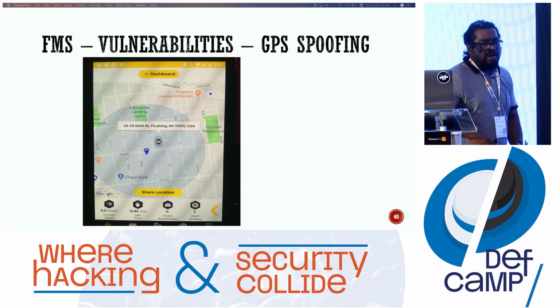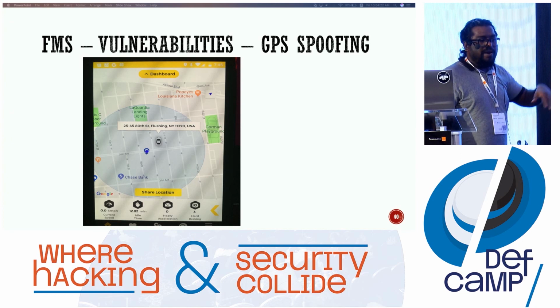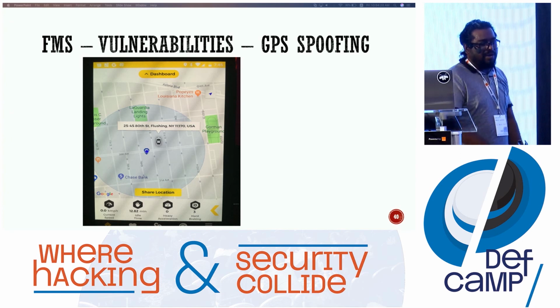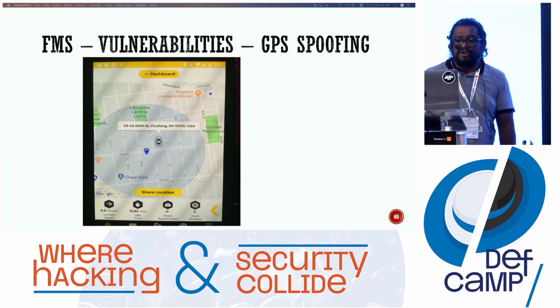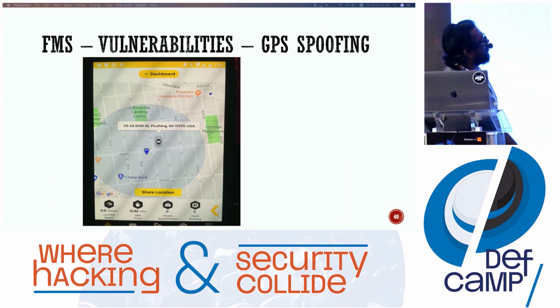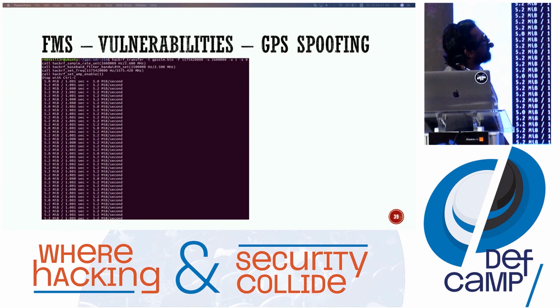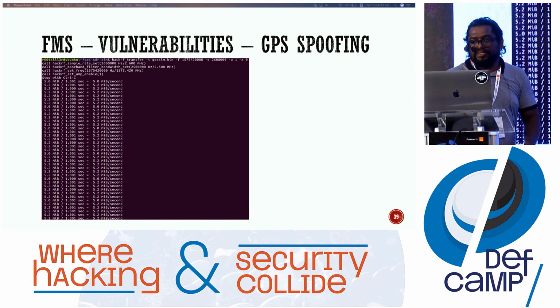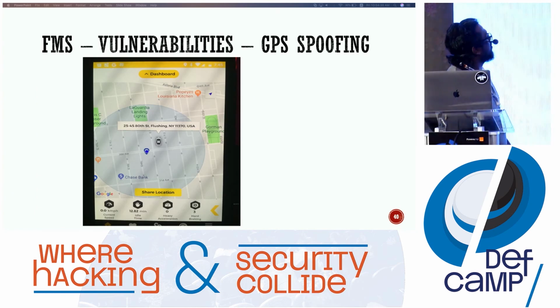Your car can be placed in India or somewhere else instead of Romania, and you cannot locate exactly where the car is. So these were the vulnerabilities we found in the fleet management systems.